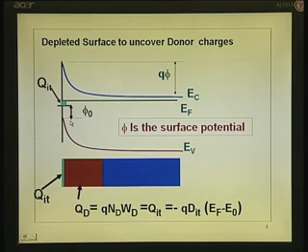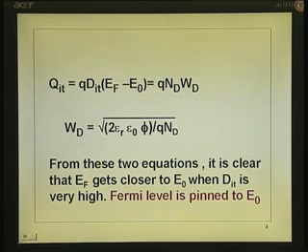So, what I am trying to point out is you get a transcendental equation: on the left hand side E_F minus E_0 expressed in terms of phi, and on the right hand side this quantity also expressed in terms of N_D and phi. So, the moment you fix N_D and the moment you fix D_IT, you can find out what phi is by solving that equation.